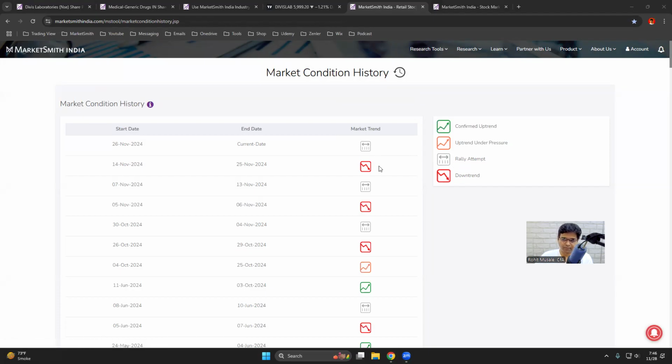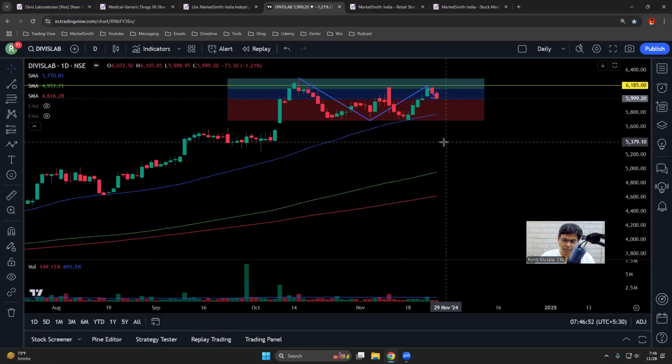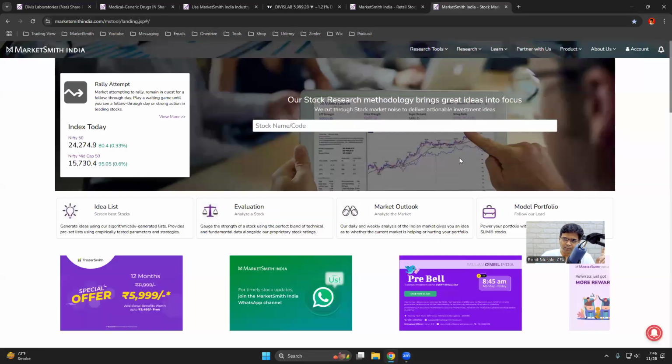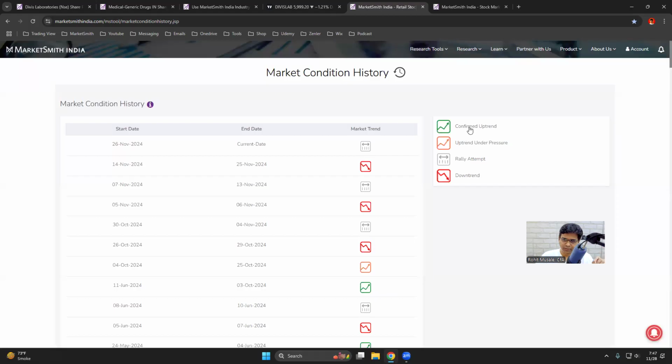So if this was green, if we were in a confirmed uptrend, probably I would have considered buying the stock and that too with a small position size because the EPS has been declining. So what MarketSmith says is during this period, it's okay to buy fundamentally strong stocks even if they're technically weak.